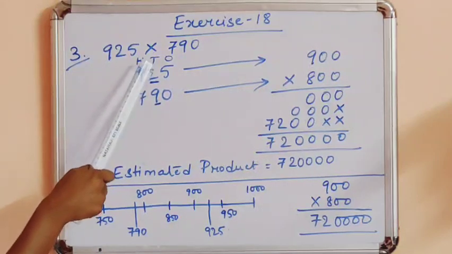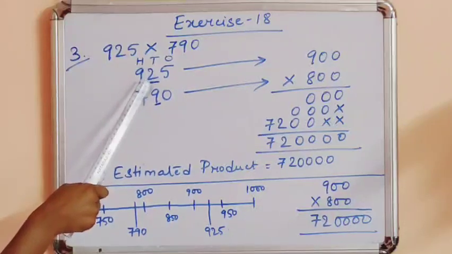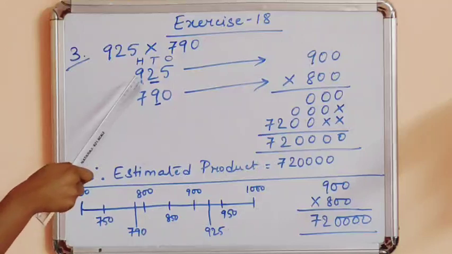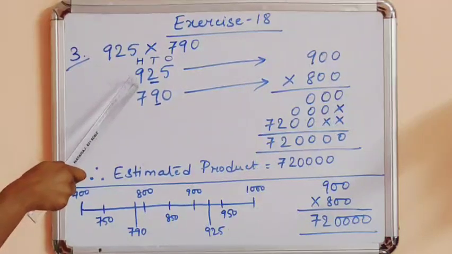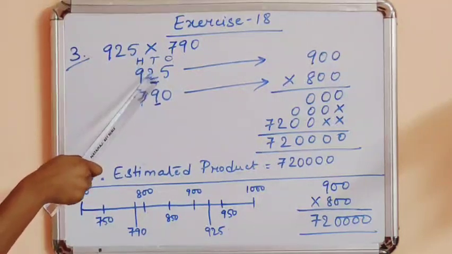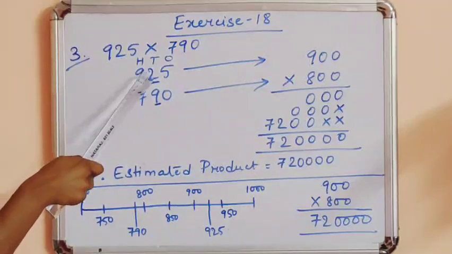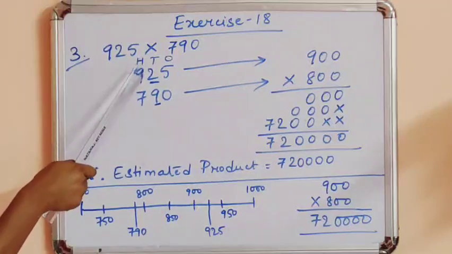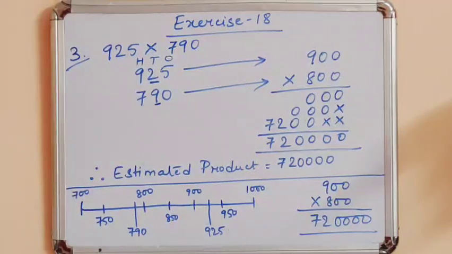If you look at the tens digit, this is 2. Whenever we have to round off to any particular digit, say we are rounding off to 100 here, we will be looking at the immediately next digit, the digit which is appearing just right next to this number, that is 2. So if you see, this is less than 5.